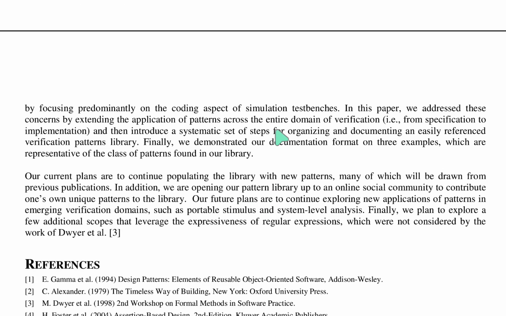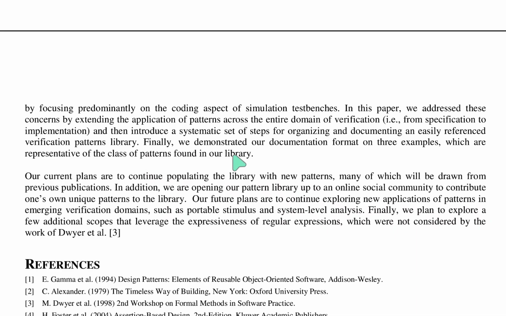In this paper, we addressed these concerns by extending the application of patterns across the entire domain of verification, that is, from specification to implementation, and then introduced a systematic set of steps for organizing and documenting an easily referenced verification patterns library.